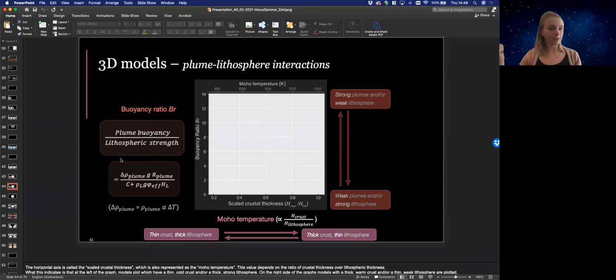Is the crust still on the sides so warm and weak that it will drip down, or can it sustain a subduction episode for a short amount of time? So I have the feeling that the thermal contrasts are of most importance in our models, but I have not been able to quantify this, and I think that's a very interesting aspect.